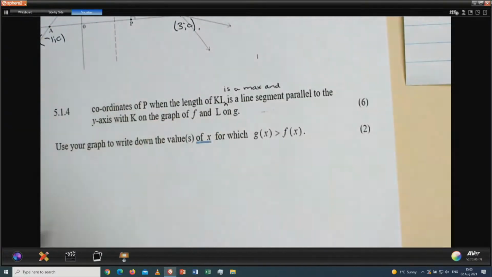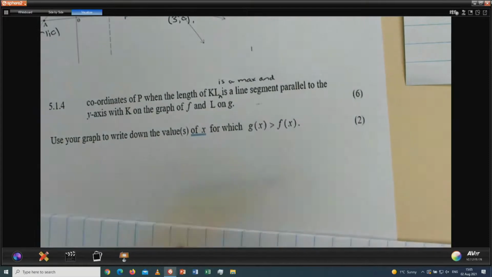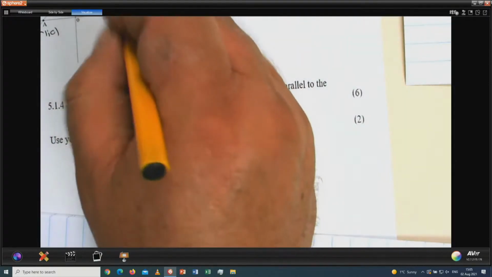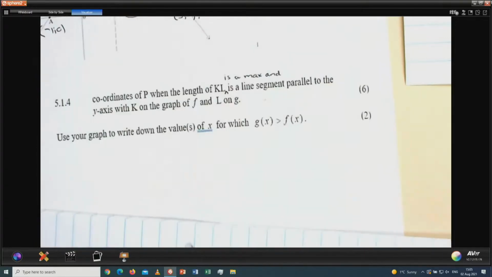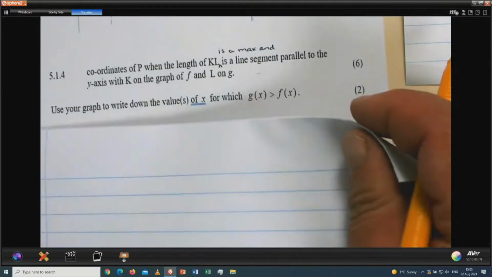Right. Now, first of all, we've got to find the P value for which KL is a maximum value, and KL runs parallel to the y-axis. So we've got to find the equation of KL.